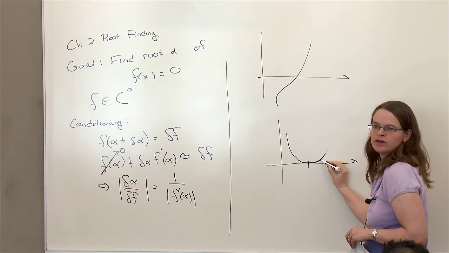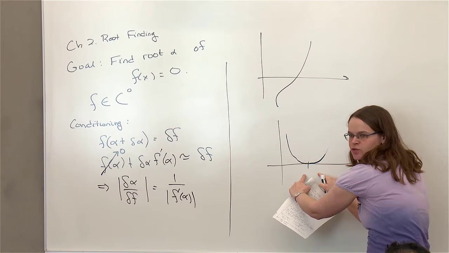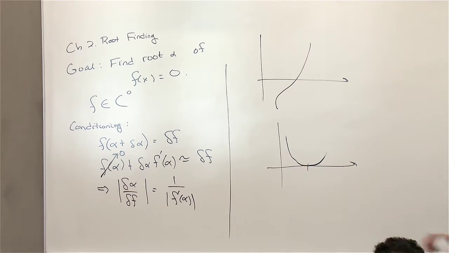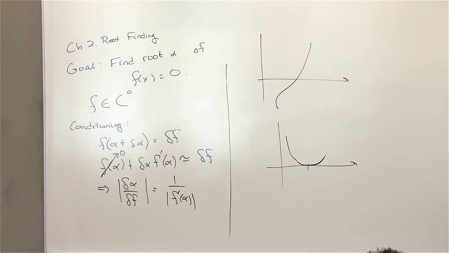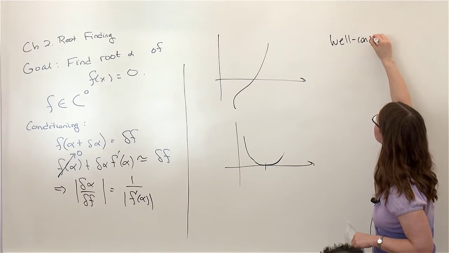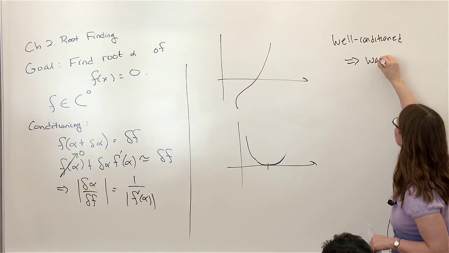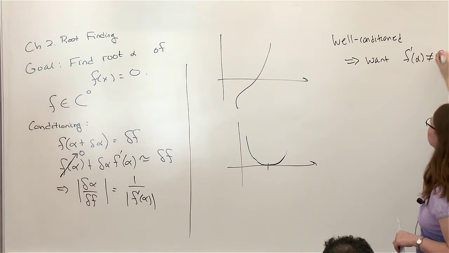Over here I've only gone up a tiny little bit, so delta f is small, but this horizontal distance could be quite big because f is just traveling flat. So intuitively it should make sense that 1 over f prime is something reasonable. For this to be well conditioned, we want f prime to not be 0.